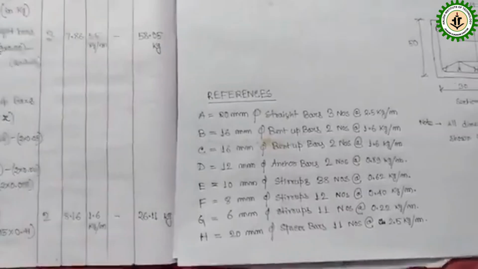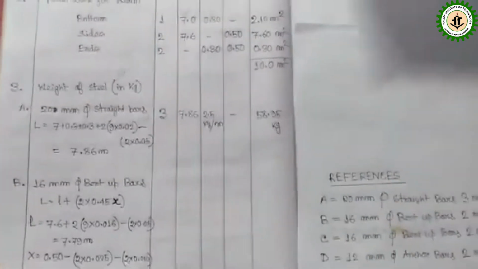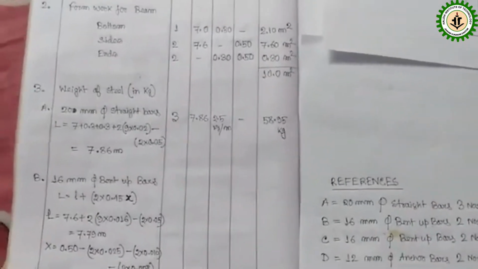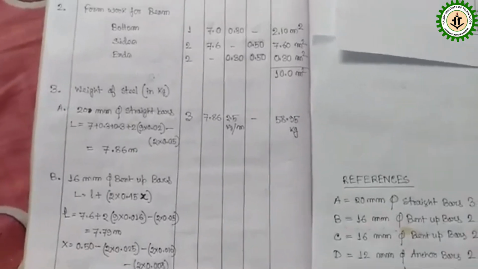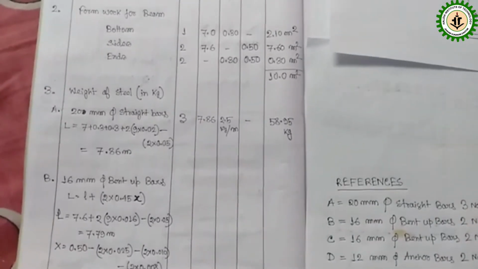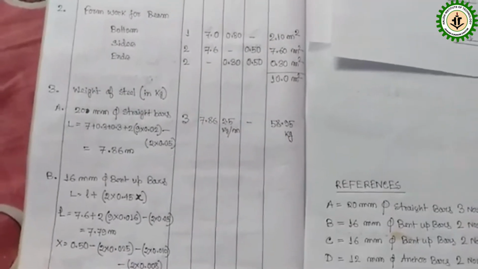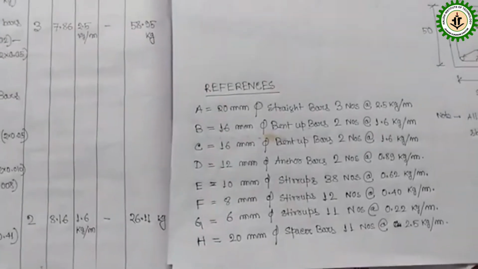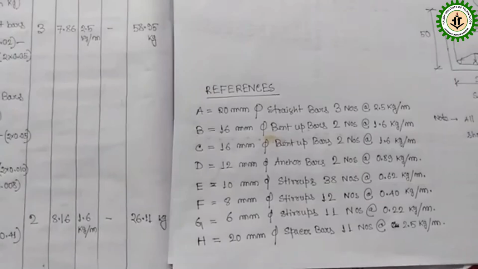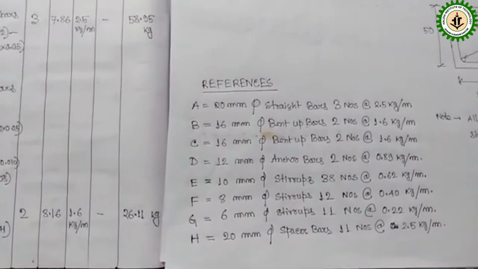So let's start with the type A bar. Type A bar is 20 millimeter diameter, and that is a straight bar. From reference we got three numbers of 20 millimeter diameter straight bars, and unit weight is 2.5 kg per meter.